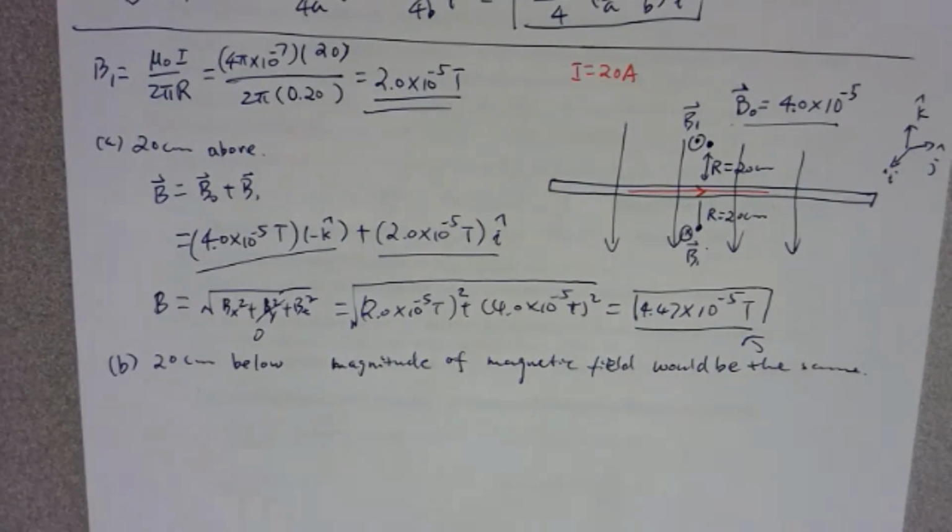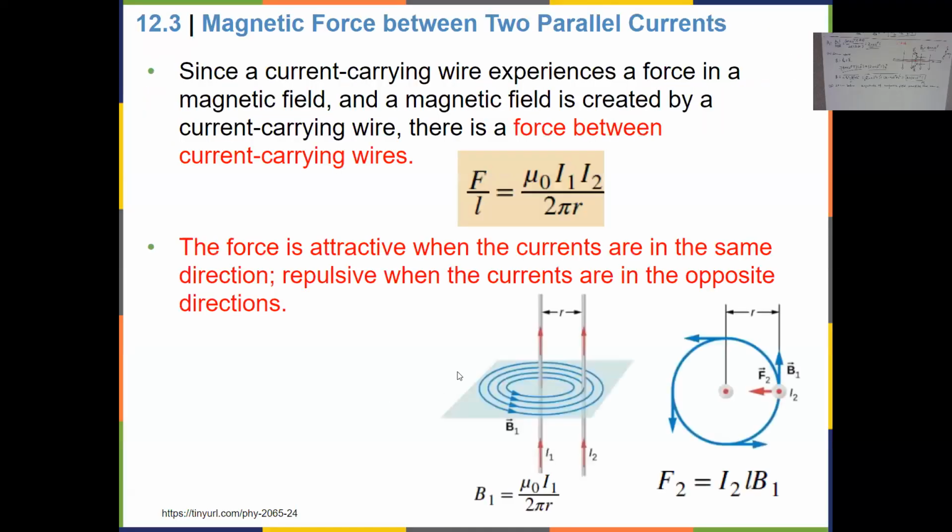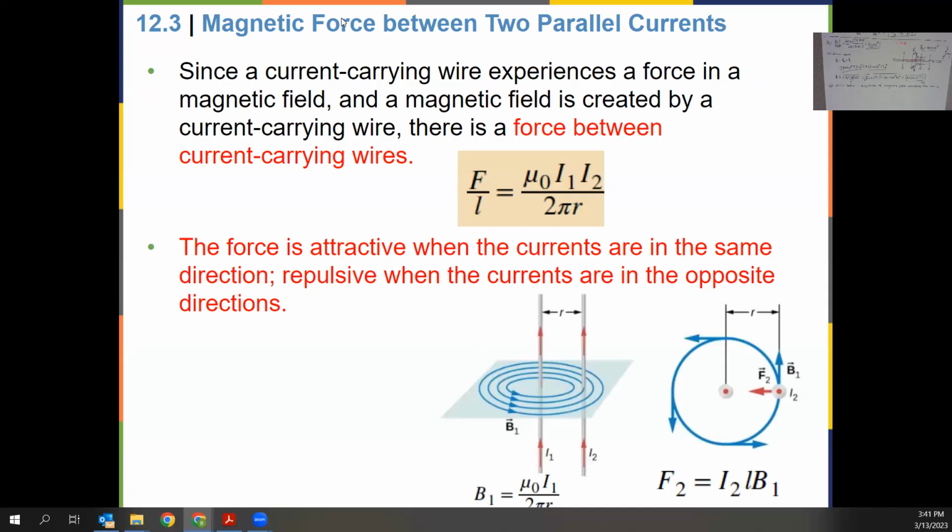All right, so now let's go back. If you have one wire that carries current, it produces a magnetic field. If you have a second wire next to it, there will be an interaction between the two.